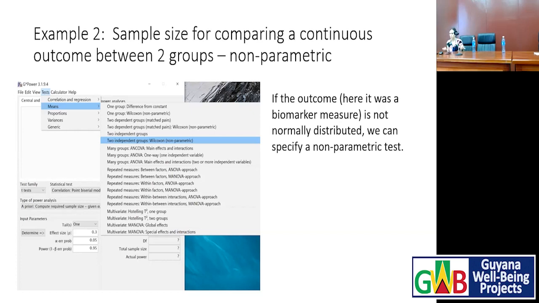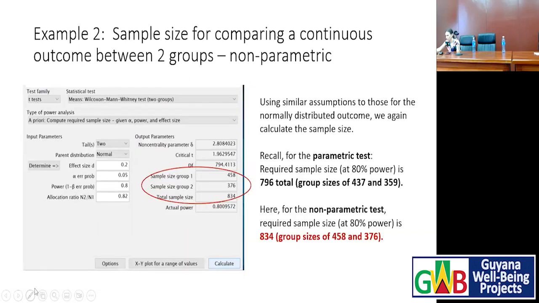But if not, we might want to do a non-parametric test. So here we again pick means, and we could do two independent groups, but we're choosing a non-parametric test. On the input parameter side, we fill in similar assumptions to those we just used for the normally distributed outcome. Then we hit calculate and get our results on the output side.